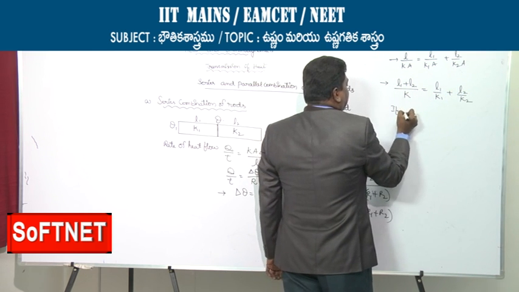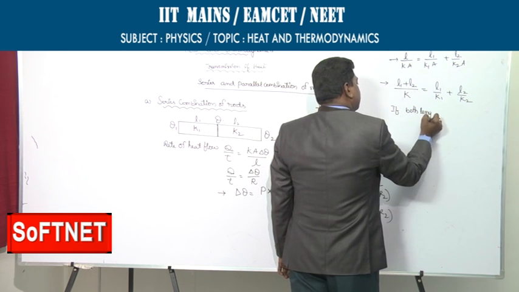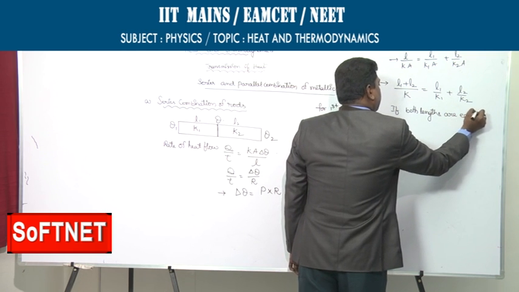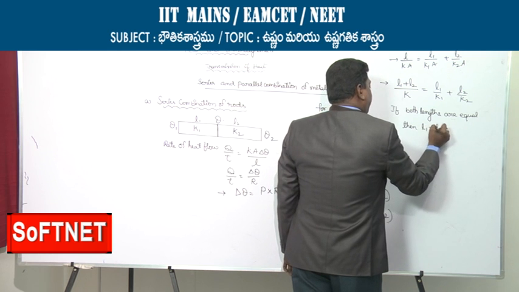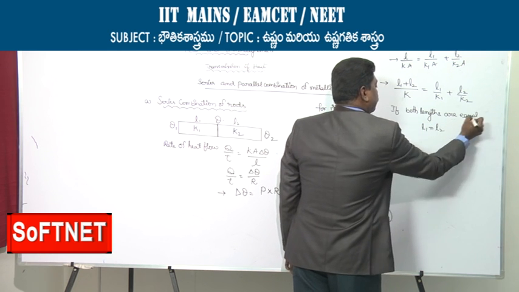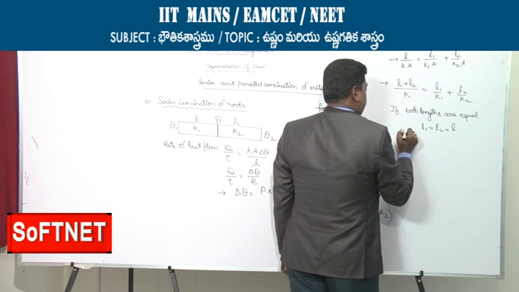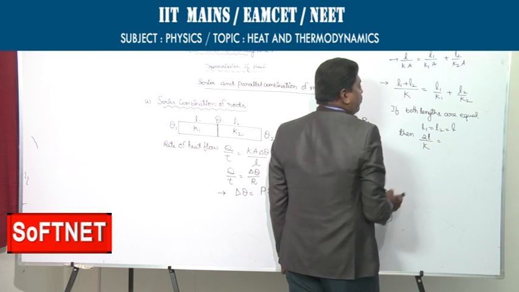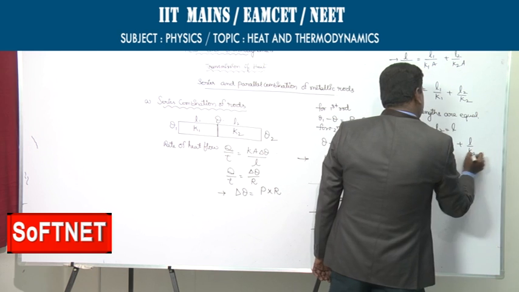If both the lengths are equal, then we have the formula as 2L by K equals L by K1 plus L by K2.